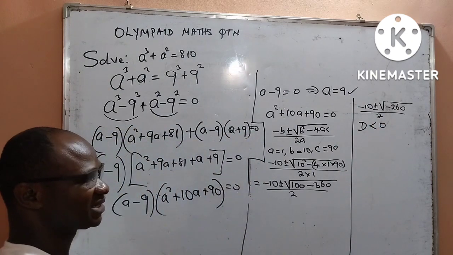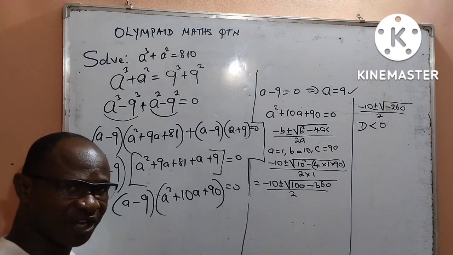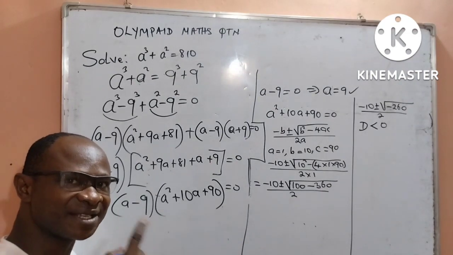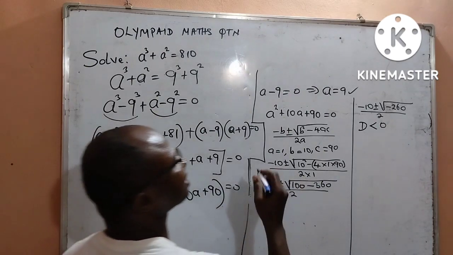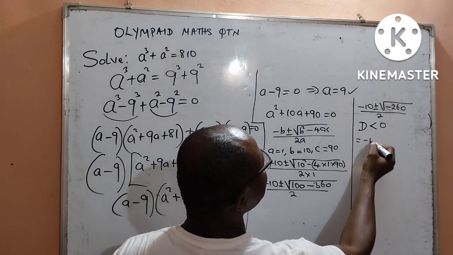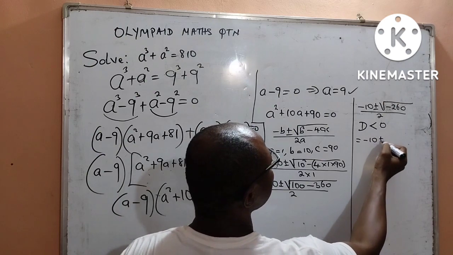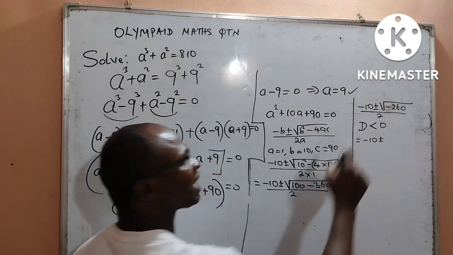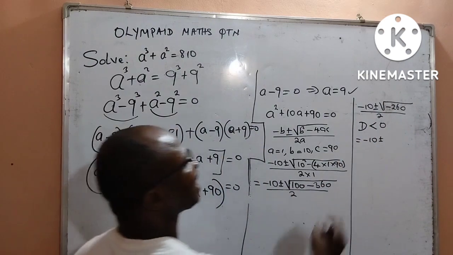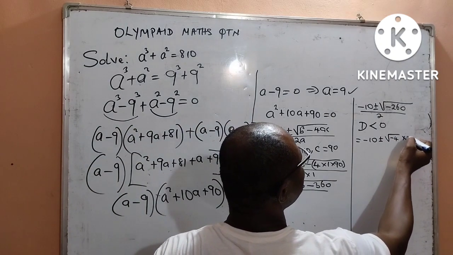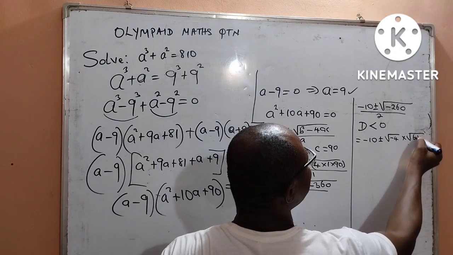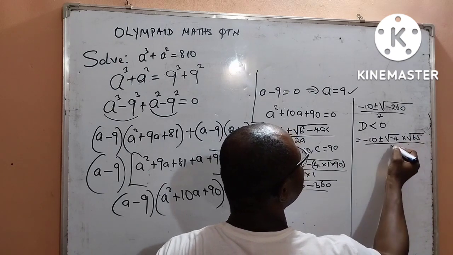So the root is less than 0. Therefore, it is going to give us a complex root. Moving forward, I shall have minus 10 plus or minus, I want to write this minus 260 as the square root of minus 4 multiplied by the square root of 65, everything divided by 2.